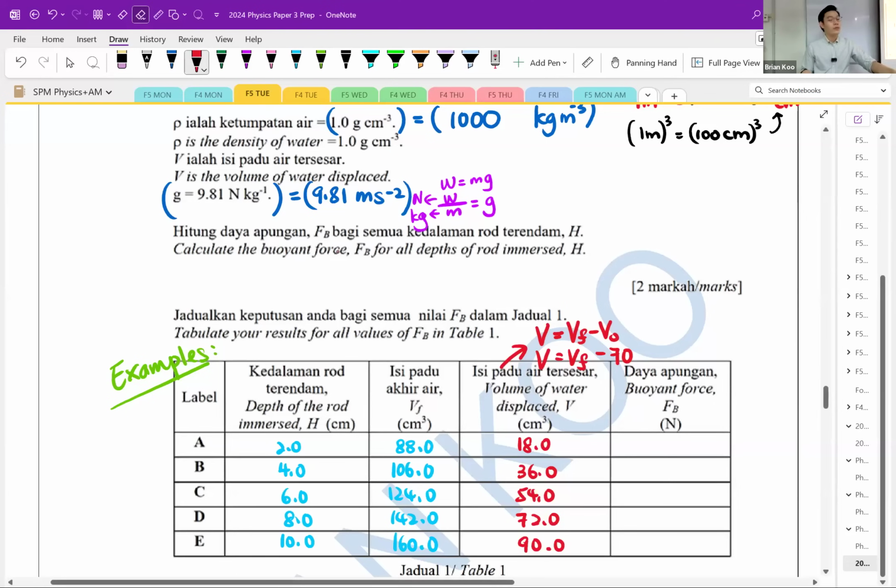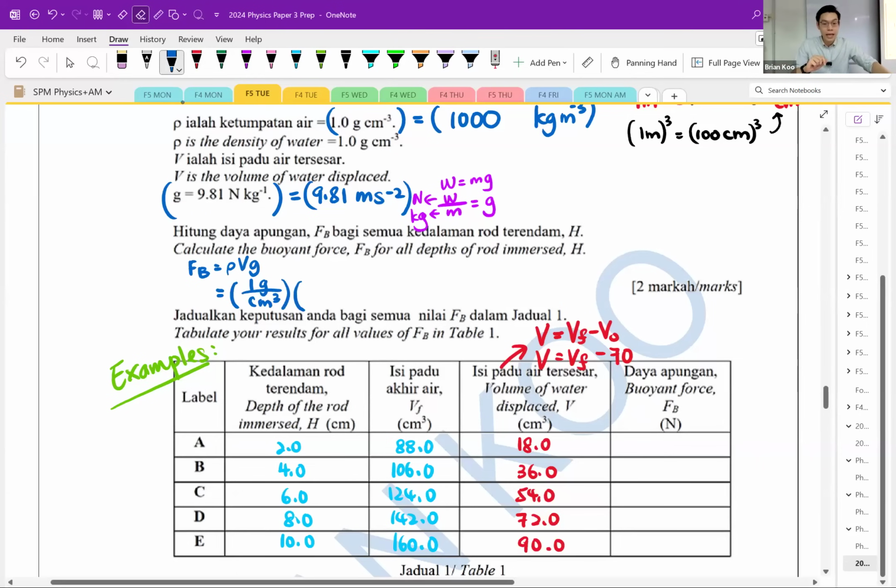Okay, then you go and try to find the buoyant force. Your formula is rho times V times G. Density, I follow the question, 1 gram per cm cube.